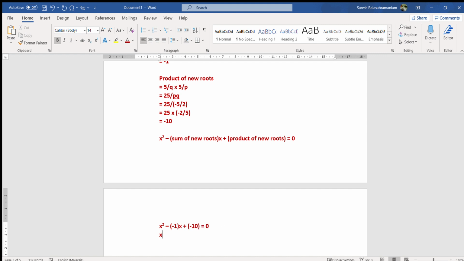So we get x square, minus minus becomes plus, 1x is x, plus minus becomes minus 10 equals to 0.